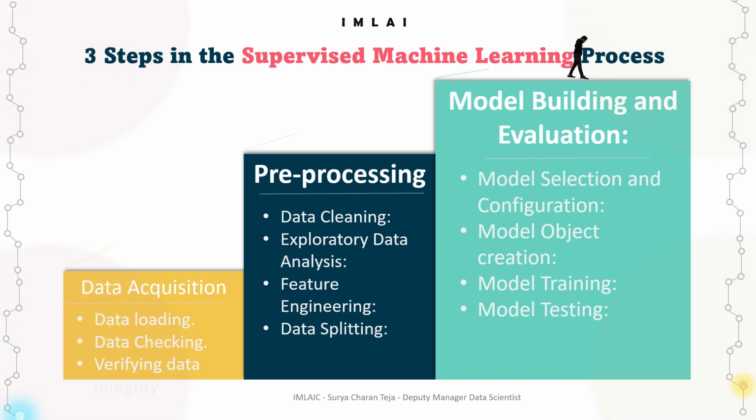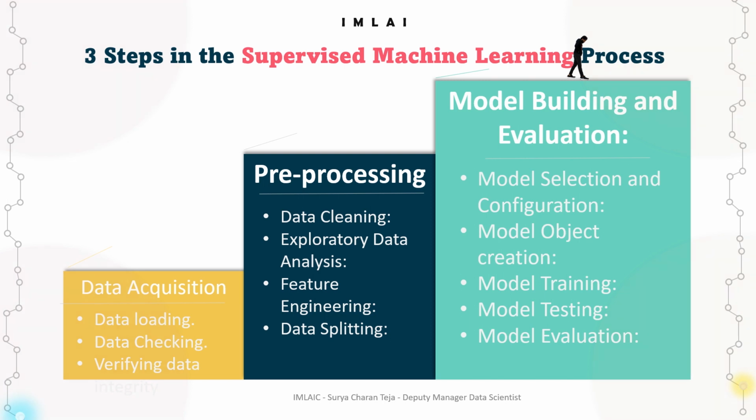Now you will have y predict and y test. These two values we use to evaluate the model. Normally for regression models, we use mean square error, RMSE, MAE, that's mean absolute error, or the R square score.